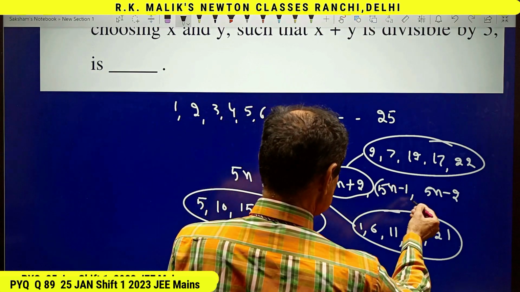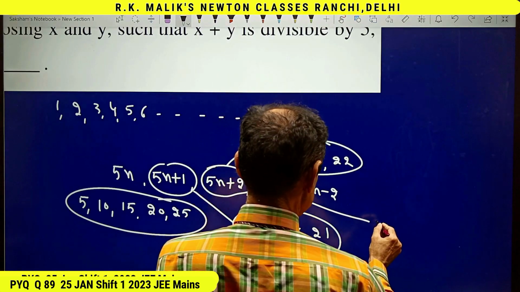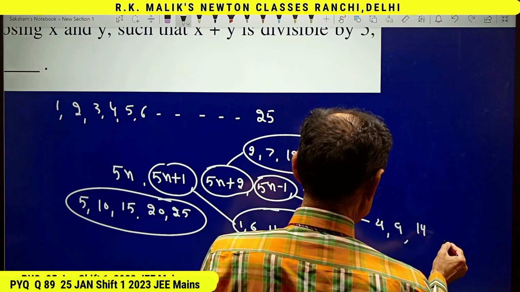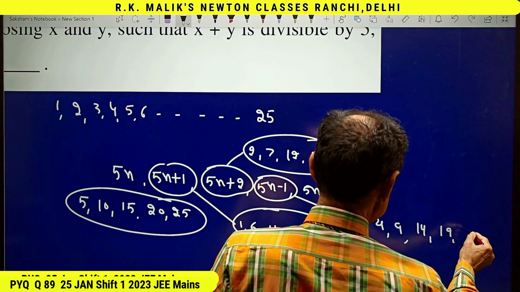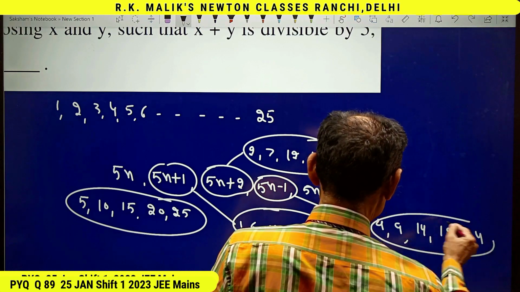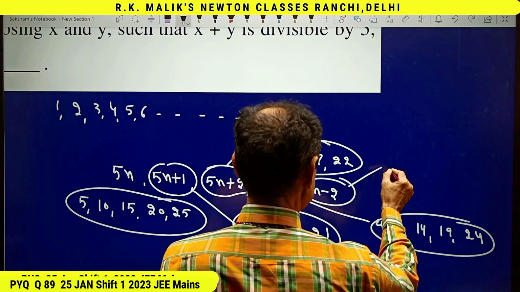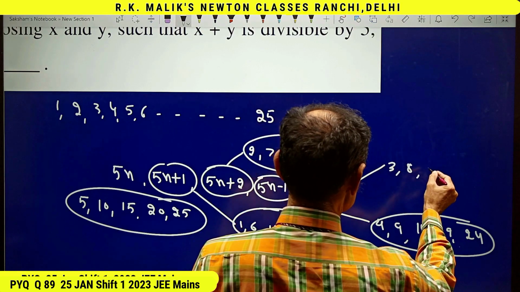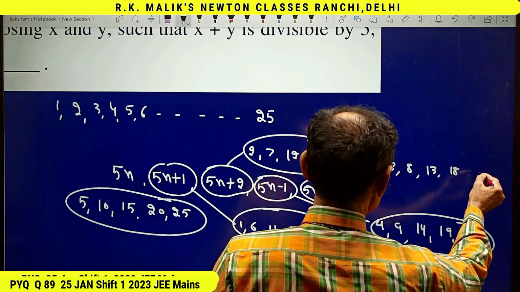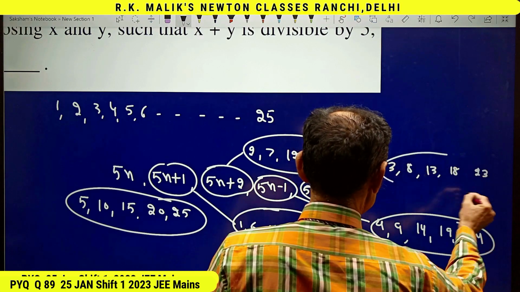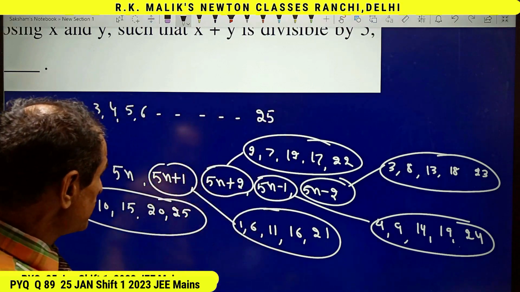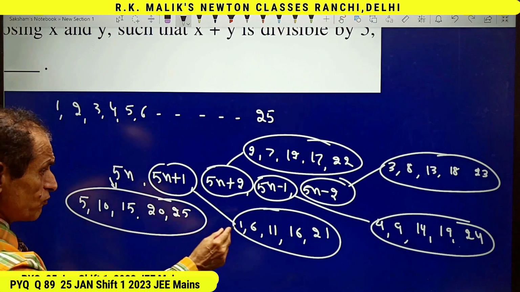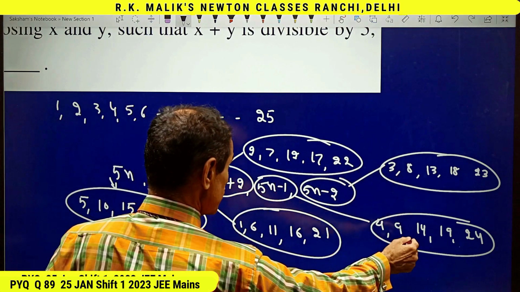And the numbers in this form are 4, 9, 14, 19 and 24, and the numbers of this form are obviously 3, 8, 13, 18 and 23. That is, I can say every category has 5 numbers: 5, 5, 5, 5 and 5.